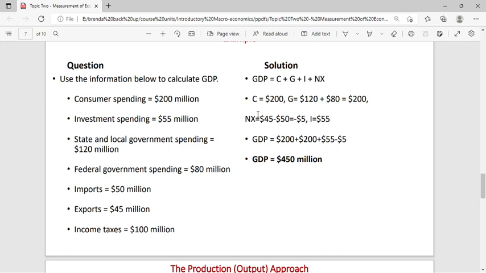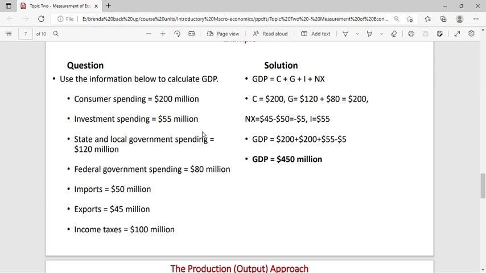So you remember our formula to get GDP: we add consumer spending plus government expenditure plus investment, plus the net exports. And please note that net exports are the difference between exports and imports.